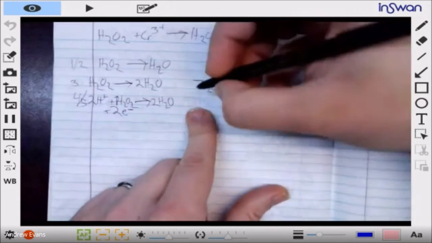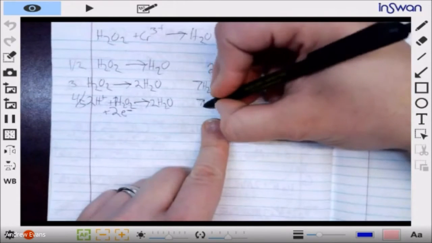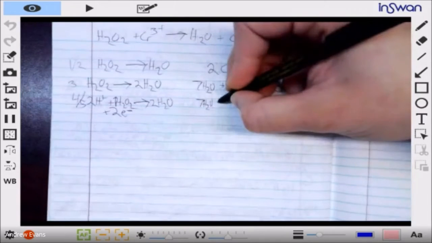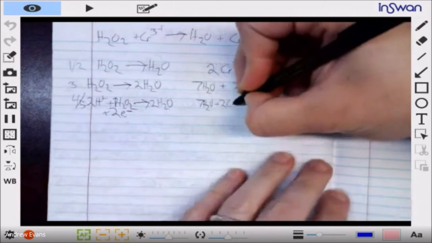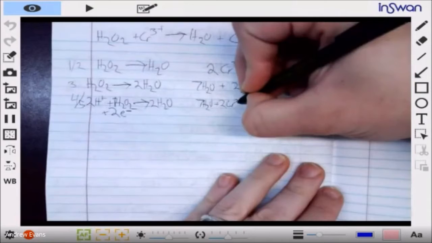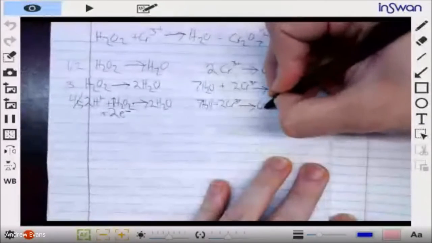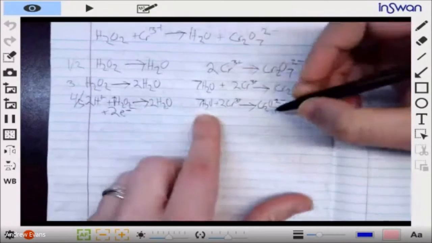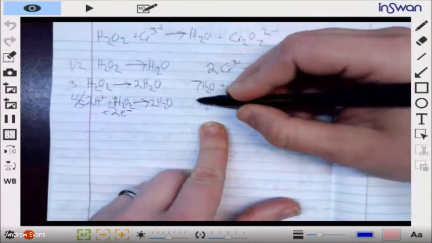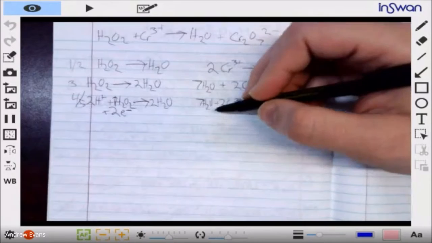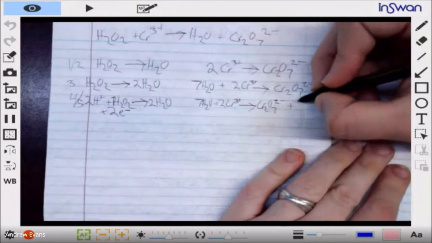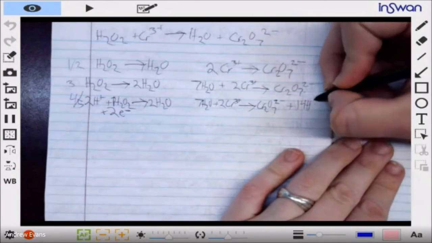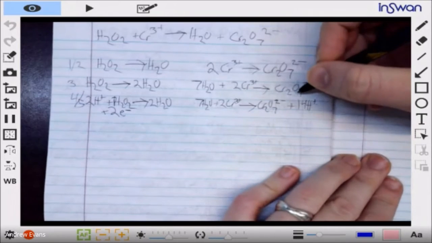Now this guy, there are 7 waters and 2 chromium goes to Cr2O7 2 minus. And this is 7 times 2 is 14. There's 14 H's, so I'm going to have to add 14 H's. You got a big number here.